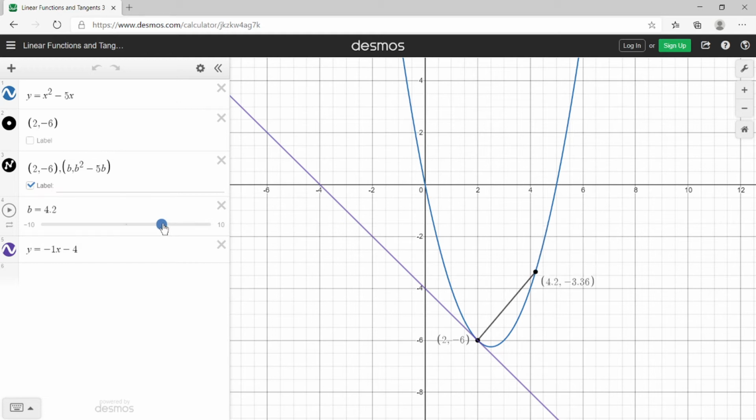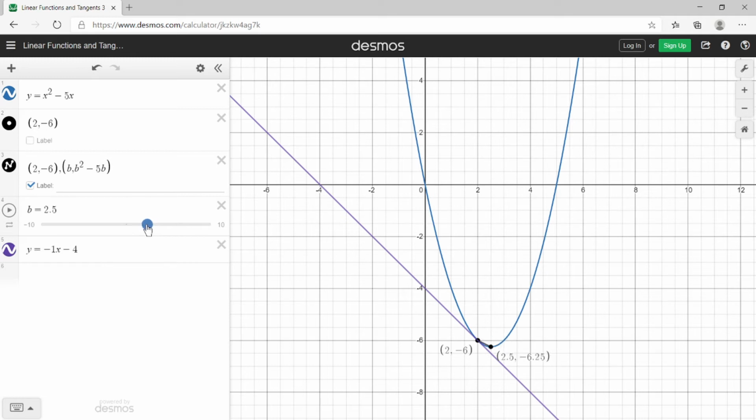As I'm moving it along the parabola, while I keep the left endpoint stationary at that point where the tangent is touching the parabola, and I'm moving this second point closer and closer to that point where the tangent line is touching the parabola, the slope of the secant will gradually become closer and closer to the slope of the tangent line.